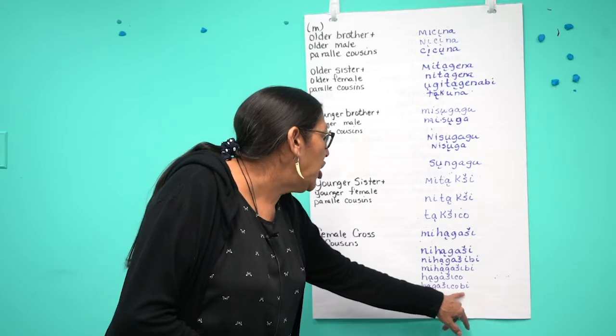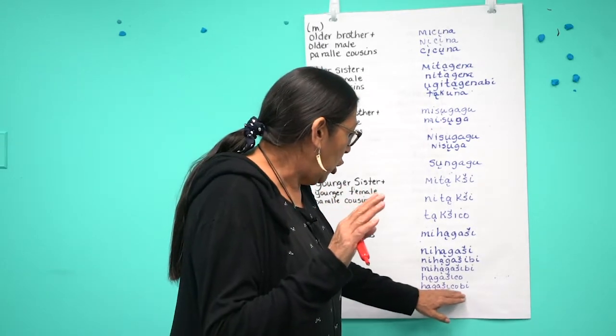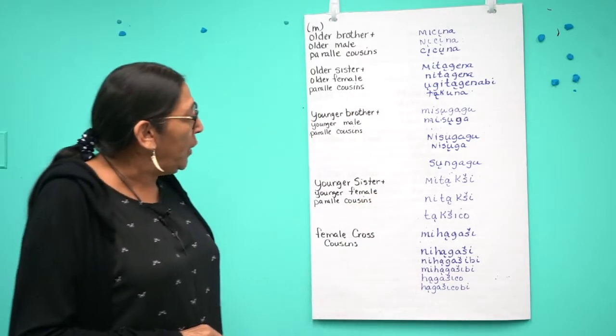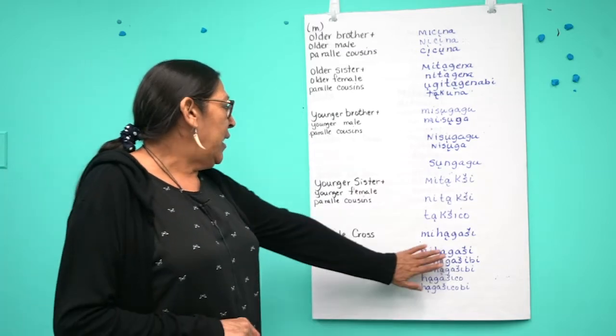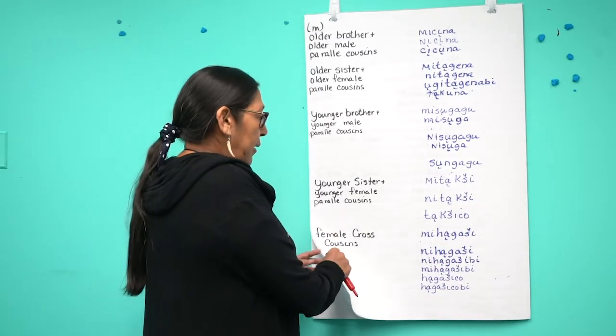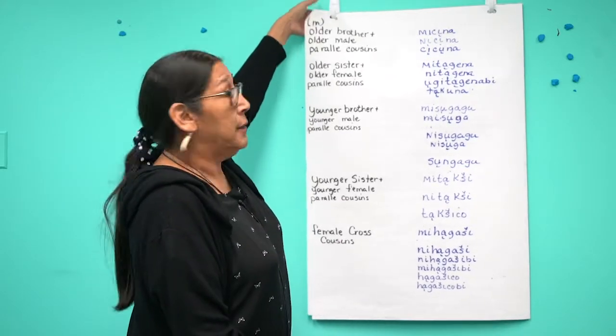Hangashichu, hangashi kobe. There we go. See, I always thought different. I always called, but we'll get to that. That's not what I called my female cousins.